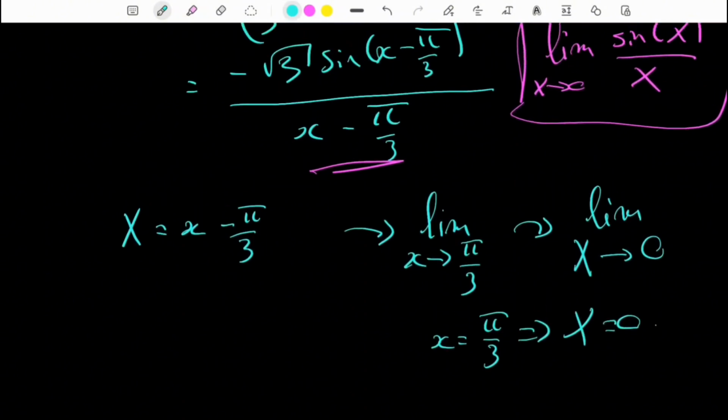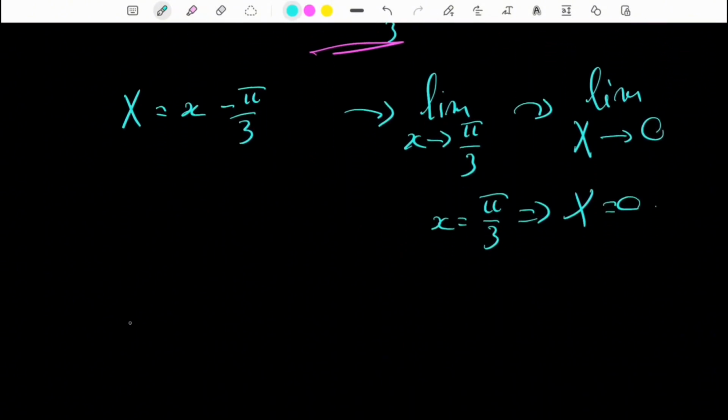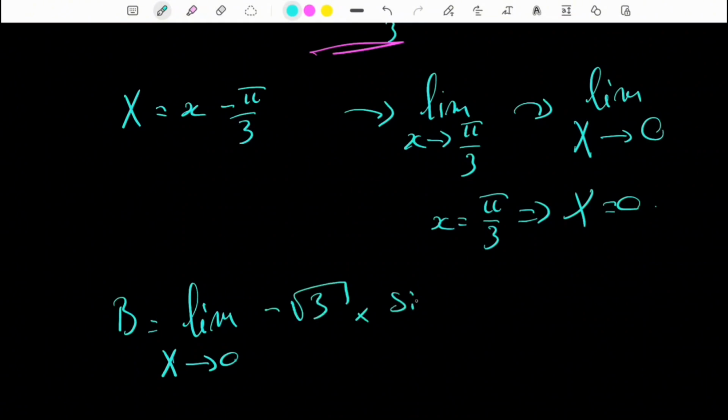As simple as that. So our limit b is equal to the limit when capital X tends to 0, after we change the variables, of minus square root of 3 times sine of capital X over X.